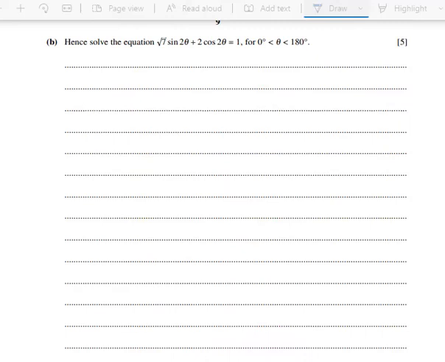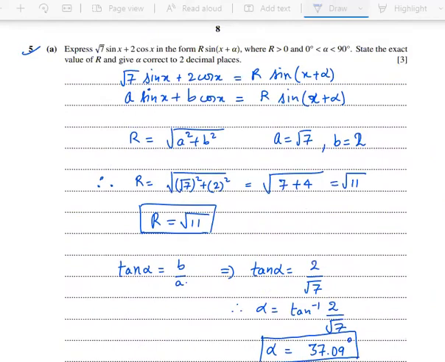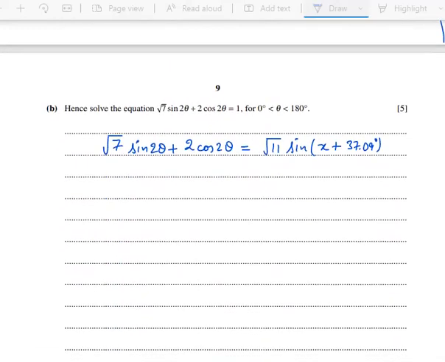We know that root 7 sine 2 theta plus 2 cos 2 theta, we got as under root 11 sine of x plus 37.09 degrees. When the angle is x here, it is x there also. But if it is 2 theta, I can change this x to 2 theta. Whatever angle is here, the same angle has to be there.